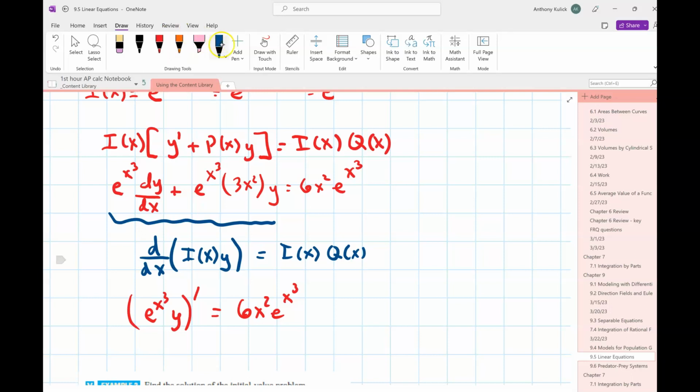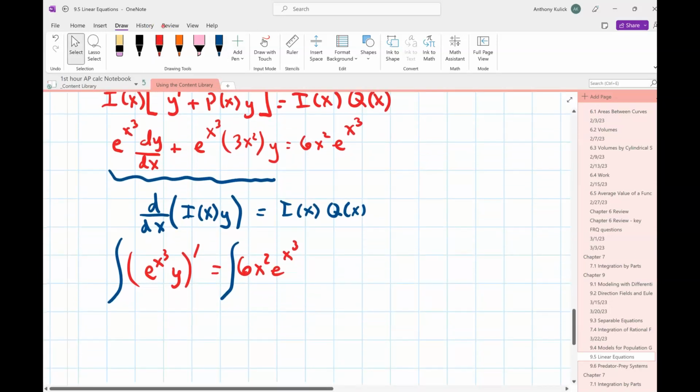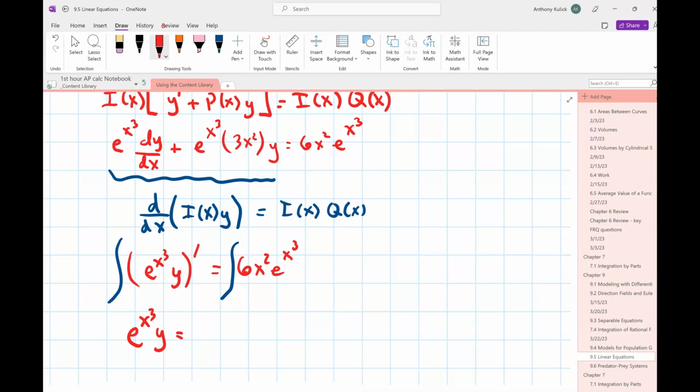Now we've separated it enough that we can integrate both sides. I know from the fundamental theorem of calculus that the integral of a derivative is just that function back again. Everybody's okay with that? And then to integrate 6x squared e to the x cubed, how am I going to integrate that?